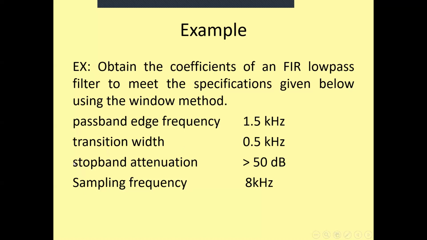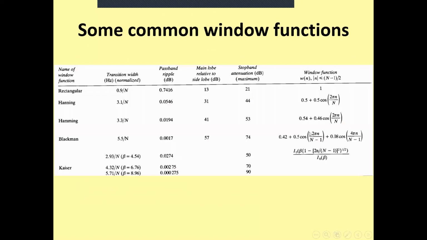First of all, based on the stop band attenuation, we can select the window type. Go back to the table and look for the stop band attenuation. Which kind of window has stop band attenuation greater than 50? Of course, the Hamming window, the Blackman window and the Kaiser window.